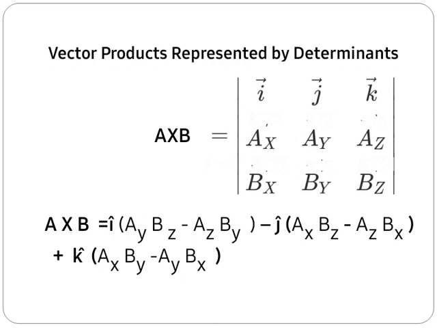When you are doing this operation, A cross B is equal to i cap (Ay Bz minus Az By) minus j cap (Ax Bz minus Az Bx) plus k cap (Ax By minus Ay Bx). How to get this form? Suppose you are going to focus i cap, you should exclude the row and column wherein the unit vector i cap exists.